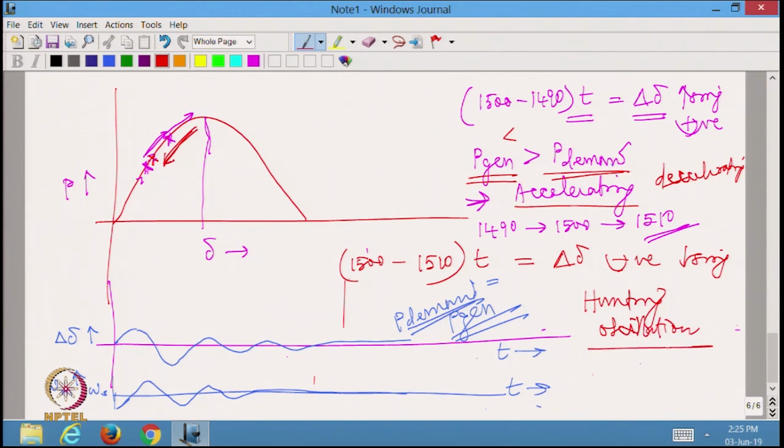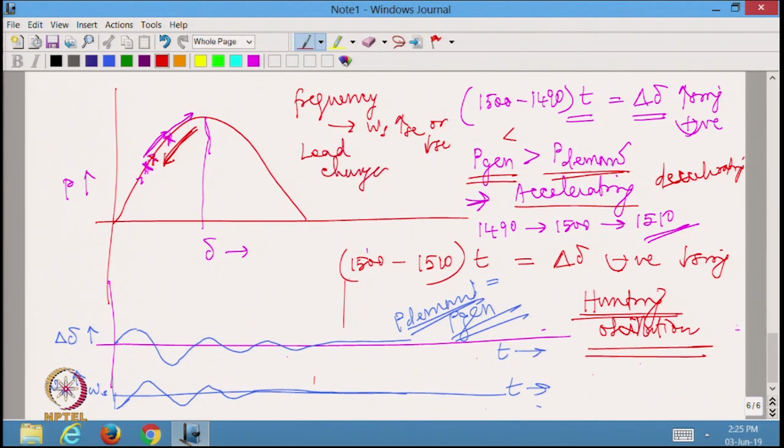Hunting is a very, very common phenomenon that is seen in any synchronous machine if there is a variation in the frequency. So, if the frequency changes, I am going to have simultaneously omega s changing. This will also increase or decrease depending upon frequency change. Either frequency changes or load changes.